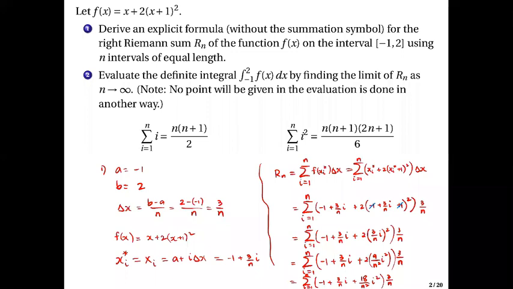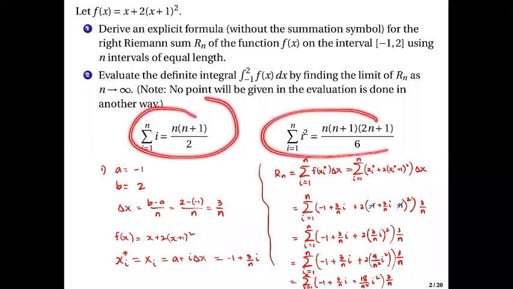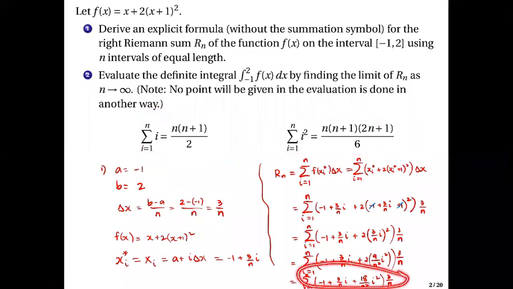So from here, let us use the formulas that we have in here in order to write the explicit formula for this. So let's copy this here and then move to the next page so we can have plenty of space.